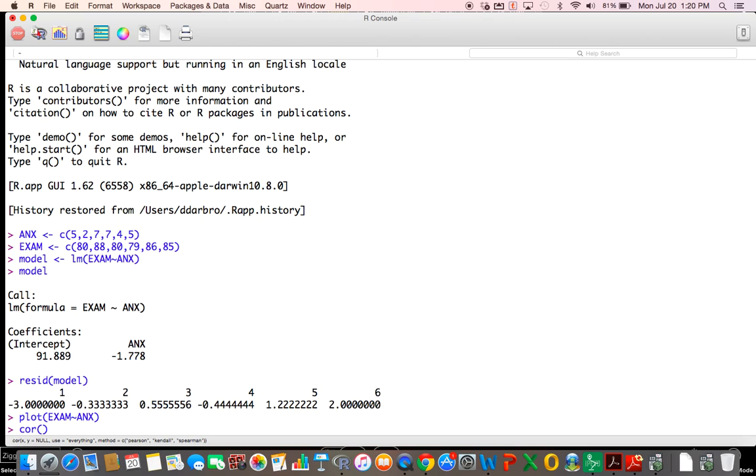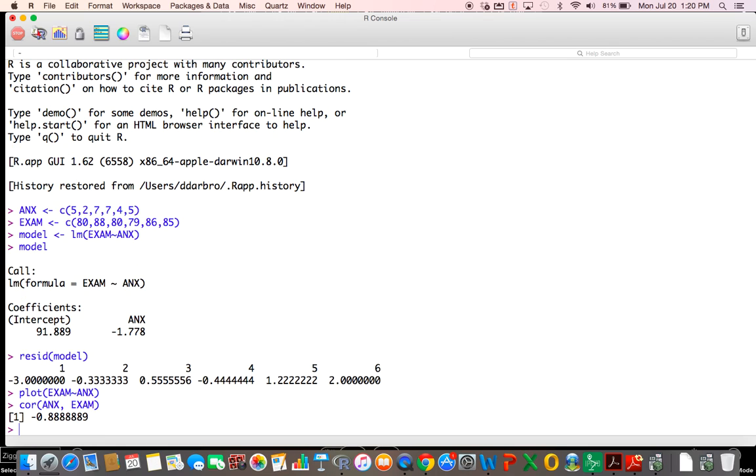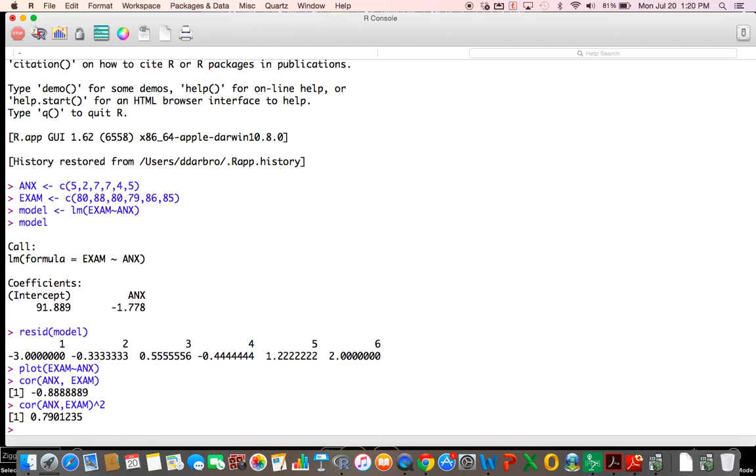Just do a correlation between anxiety and exam. And if you want to get your R squared, you get this. So guys, really, everything can be done right there.